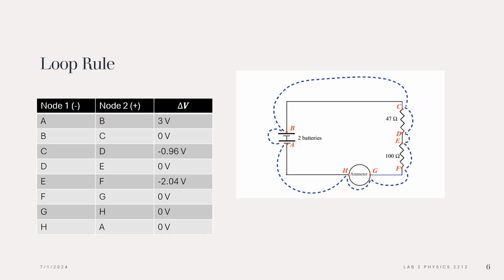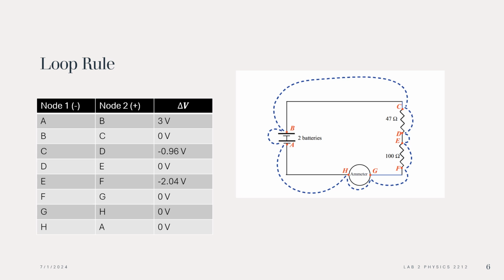Talking about the loop rule again, this is when our loop is closed. We're once again recording current. From A to B, we have 3 volts because we're going across the battery, gaining electric potential. B to C, we're just moving through a wire, so 0 volts. From C to D, we have negative 0.96 delta V because we're moving through a resistor, so we're losing voltage.